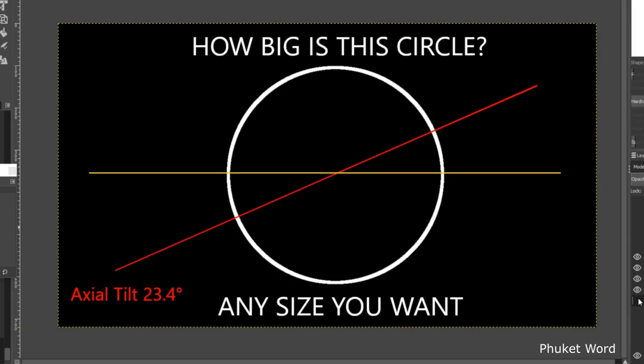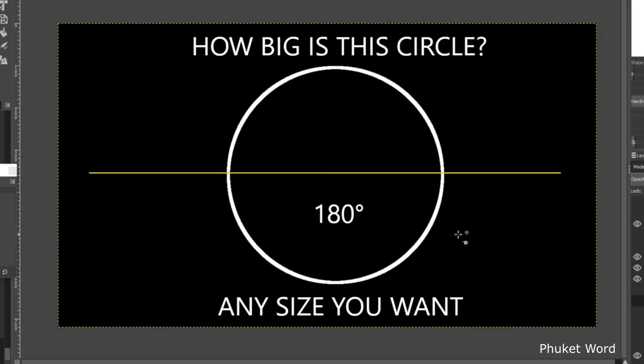It's just scaled down. So let's just take it off there, and keep in mind that a semicircle is 180 degrees on either side. So for an observer on a flat plane, for example, their horizon is going to be 180 degrees to the other horizon facing the other way.